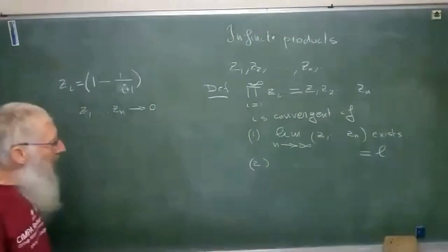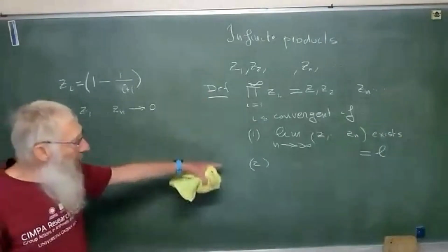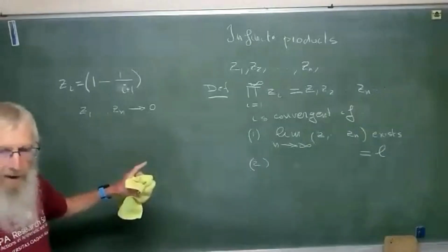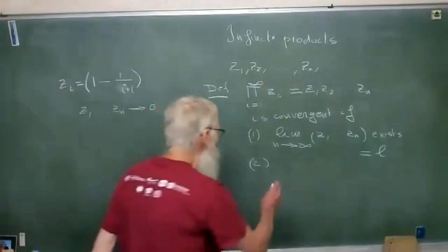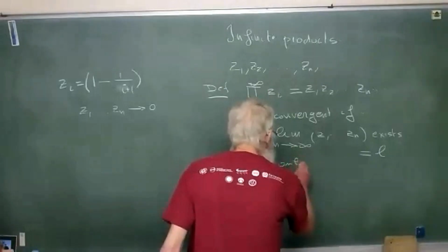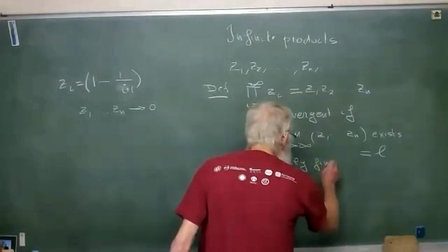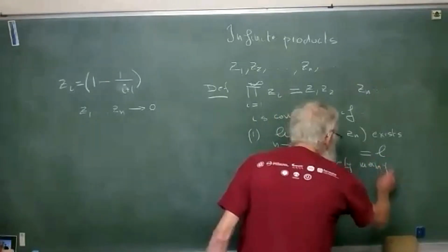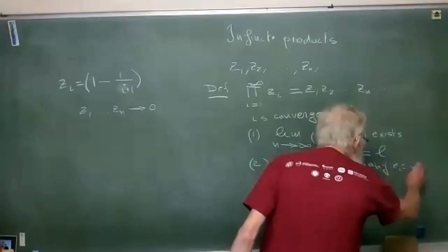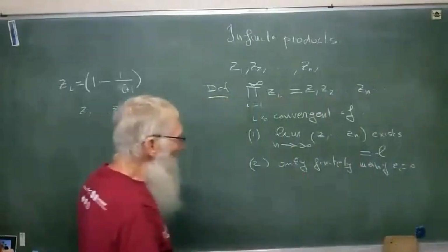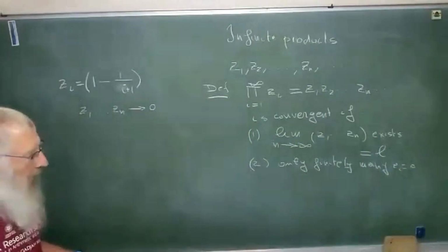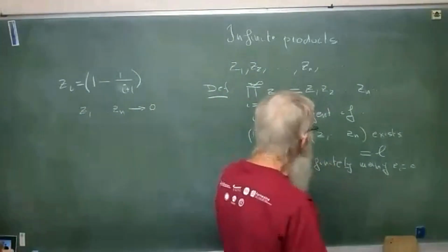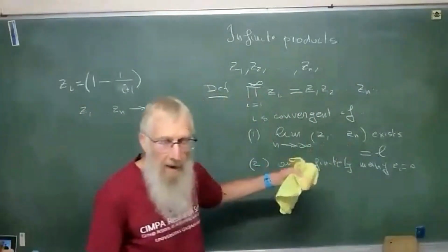The second condition, which is part of the definition, is that only finitely many of the Zi are 0. And also that if some of the Zi is 0, the limit exists and it's 0.